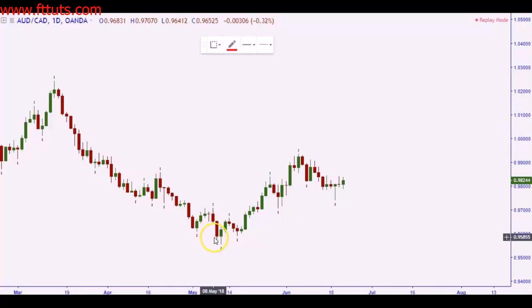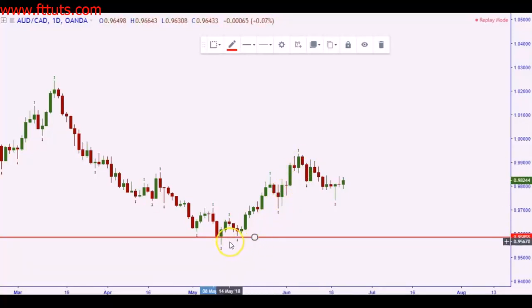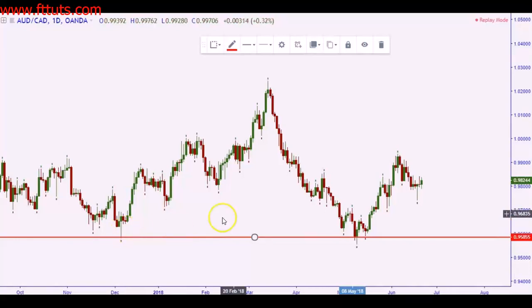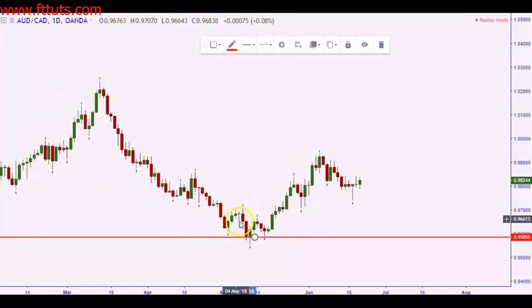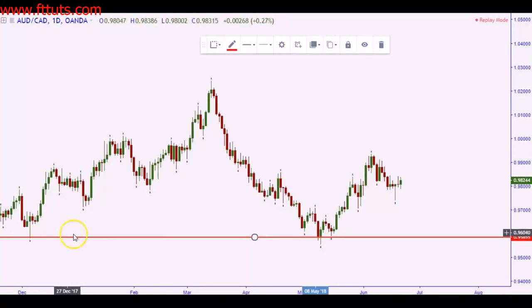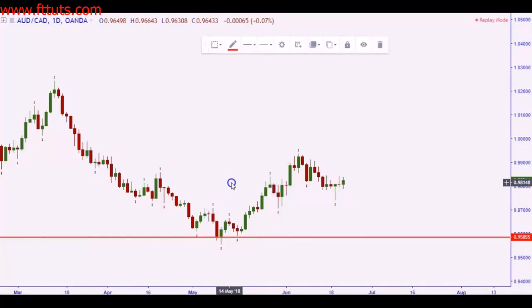You would find that, because we see the move that already happened. So you would mark this level, and going back you could see you have support and resistance. So you would have your support and resistance levels on your chart, and then when the market comes down to those levels, you want to look for your 1, 2, 3.